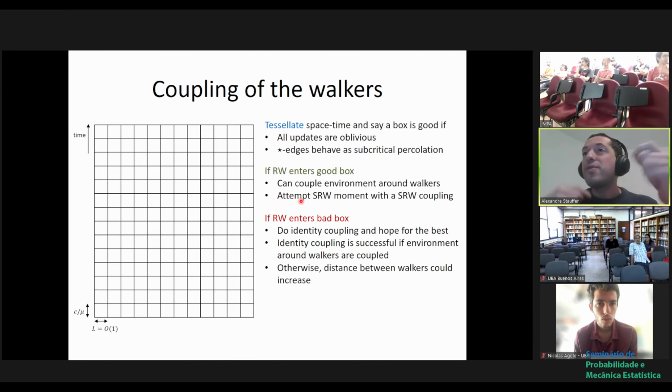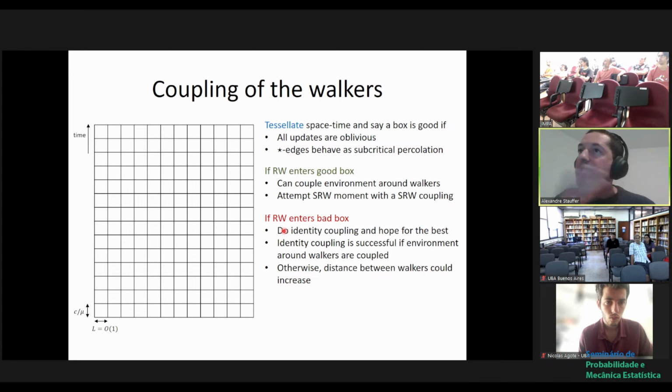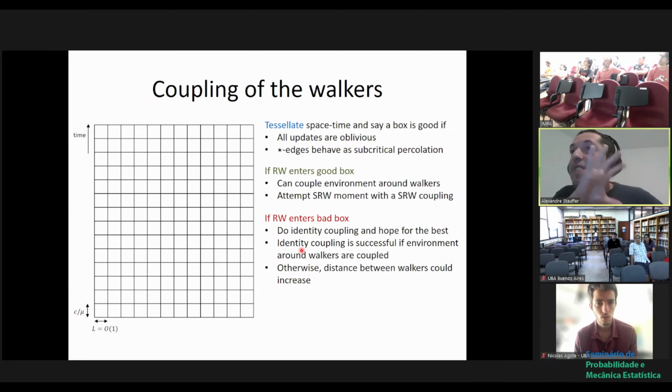Otherwise it could increase in a dependent way, and could even affect the previous good steps I did of simple random walk moments. So the hope is really this: identity coupling, and hope for the best. And we know that identity coupling is successful if it turns out the environment around the walkers is coupled. Right? No matter how bad the box is, if the environment is coupled, you can do identity coupling.